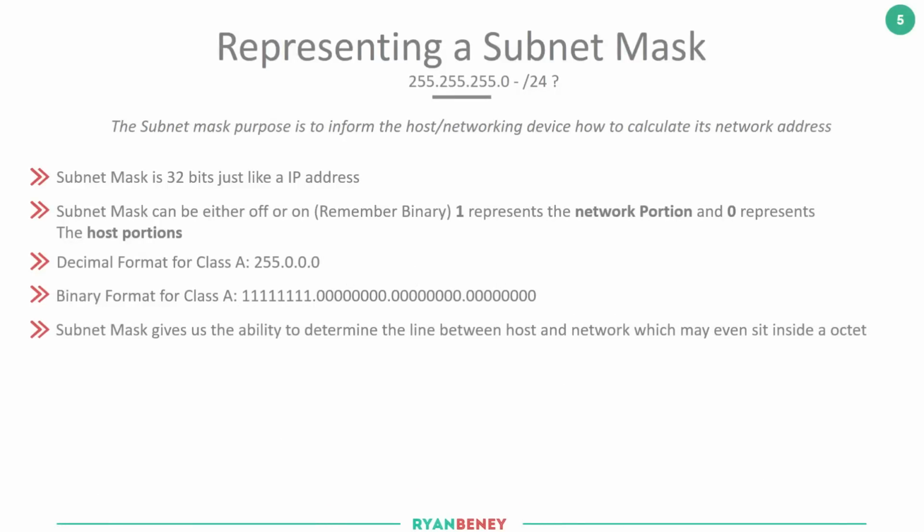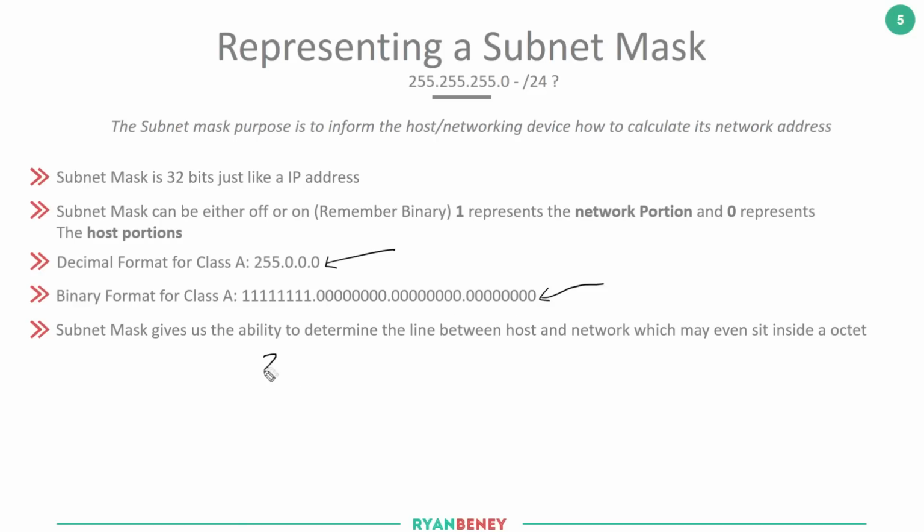The last point is a subnet mask gives us the ability to determine the line between the host and network which may sit inside an octet. So what we mean by this is, leaning on bullet points 3 and 4, where we had this decimal format and we converted it into binary, if we need to change what bits are the network and what bits are the host, that would have to be done in binary.